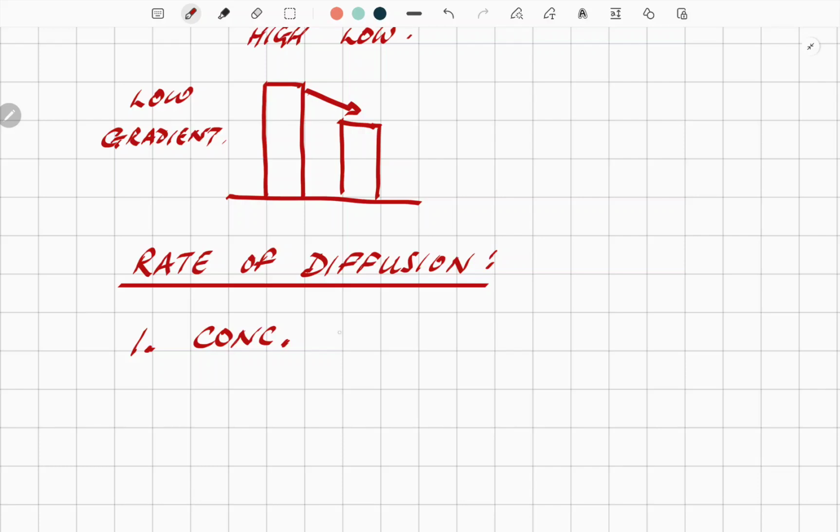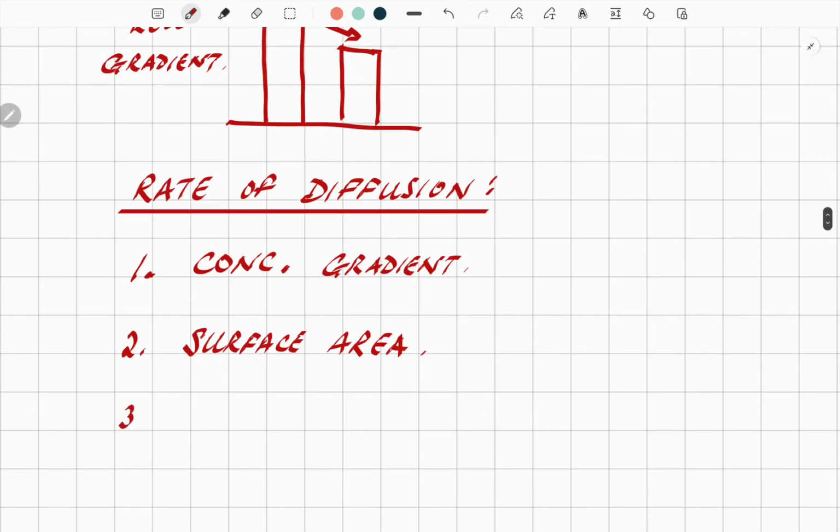The second factor that affects rate of diffusion is often surface area. And the third one is the diffusion distance, and I'll talk about each of these.